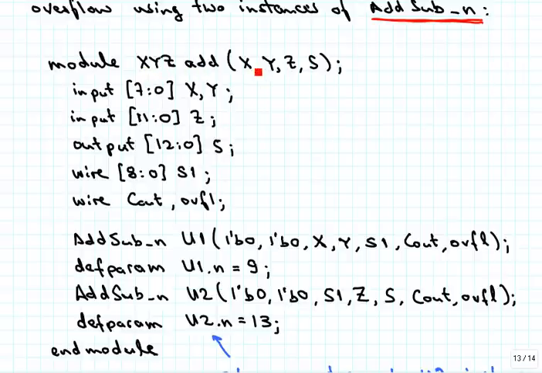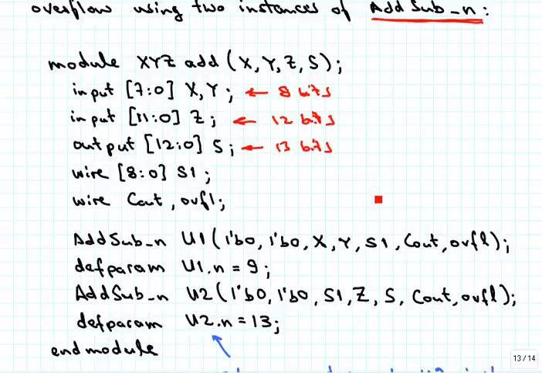So we declare all of those. We assume that x and y are 8-bit inputs. So here we have 8 bits. Then z, we assume, is a 12-bit input. And the output, we assume, is going to be a 13-bit quantity, because we do not want to generate overflow and worry about overflow here.